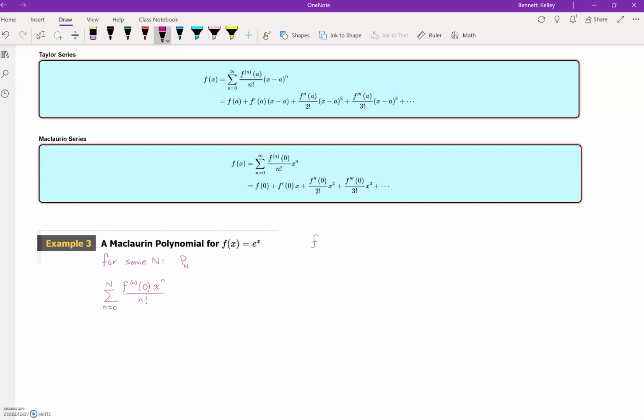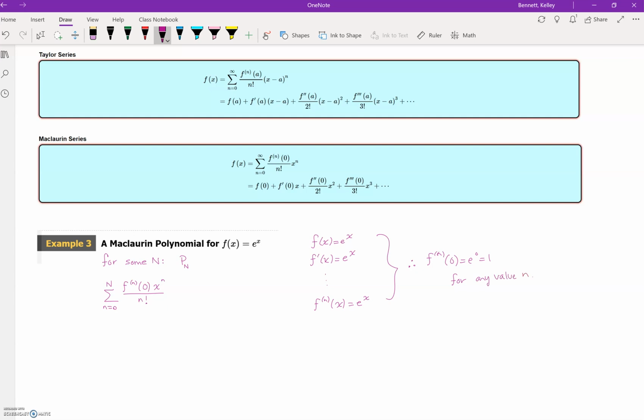Because we know f of x is e to the x, and f prime of x is e to the x. For every single derivative of any order, we're always going to be e to the x. So therefore, we know that the nth derivative evaluated at 0 equals 1 for any value n.